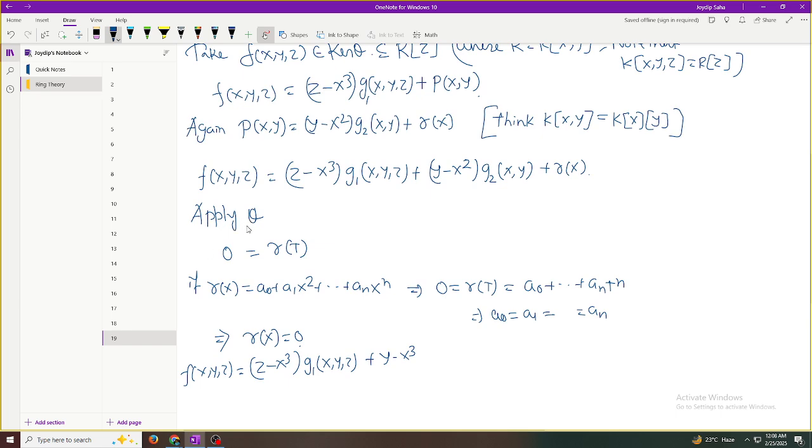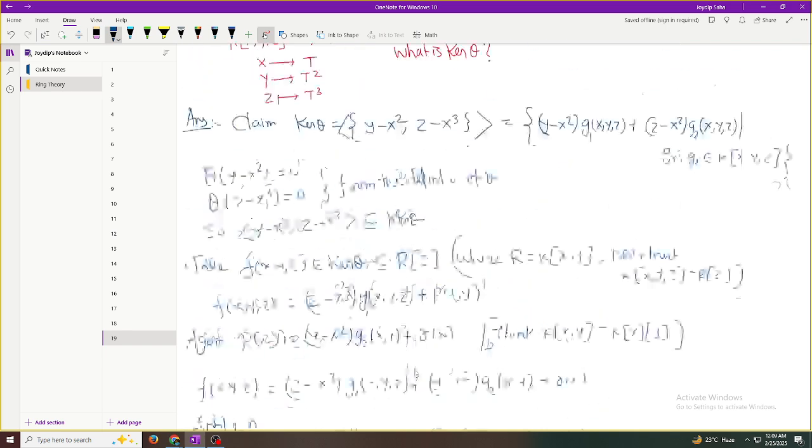When you are applying theta, it will not be 0. Y minus x square times g2(x,y), and that belongs to the ideal generated by z minus x cube and y minus x square. So the kernel of theta is the ideal generated by z minus x cube, y minus x square.